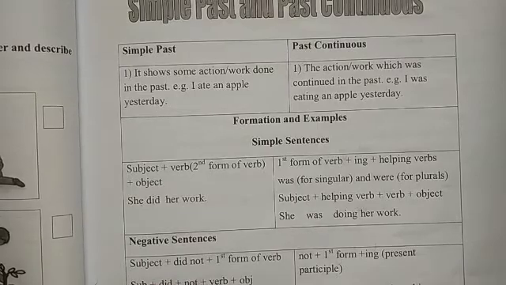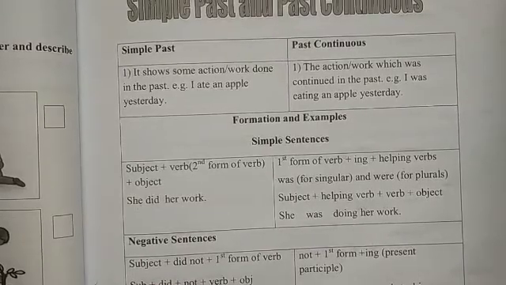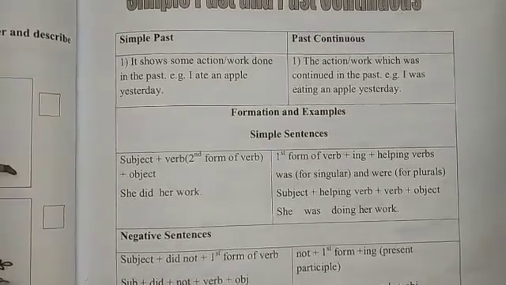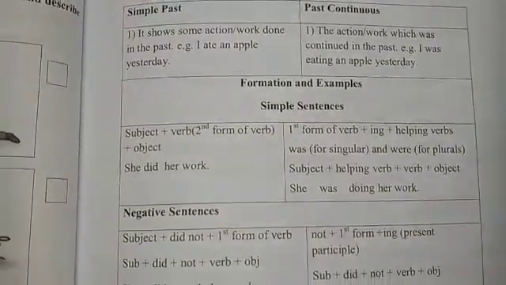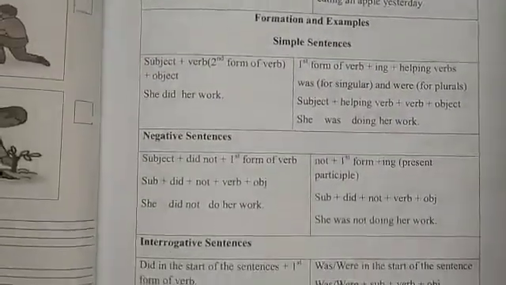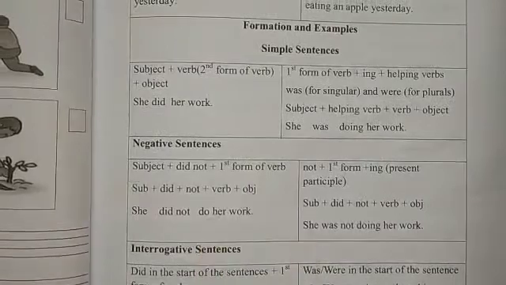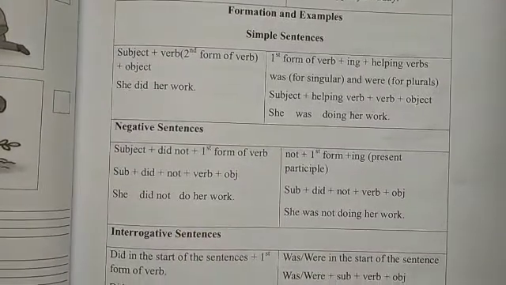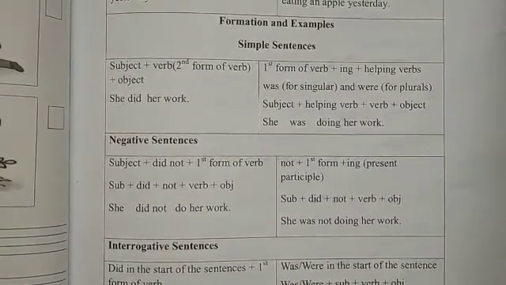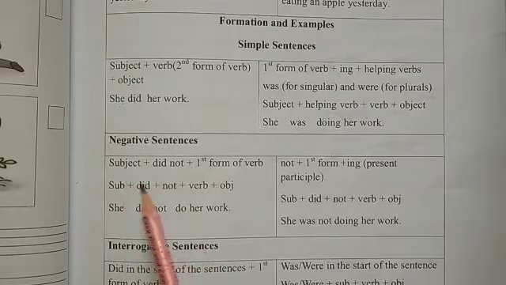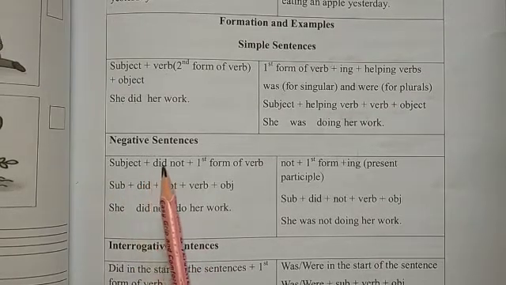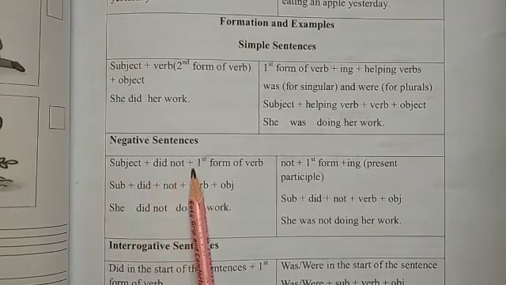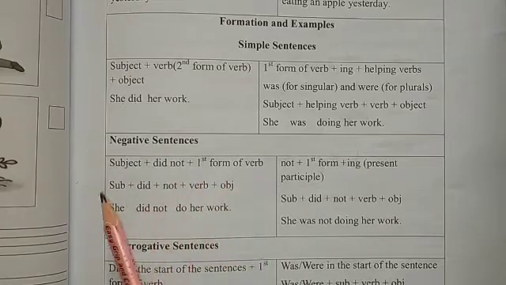Now if you want to make negative sentence, what you have to do, you know that when we are going to make negative sentences we add not in the sentence. For example, subject plus did not plus first form of verb.